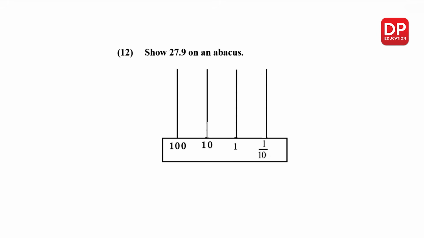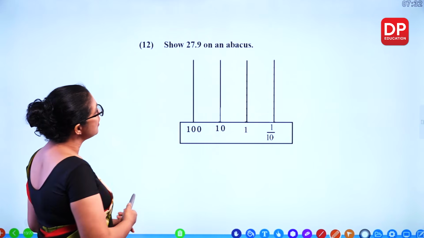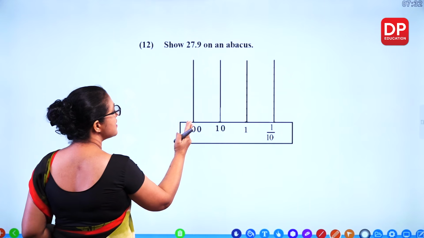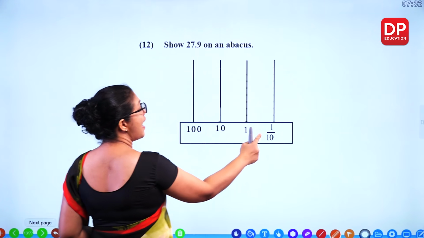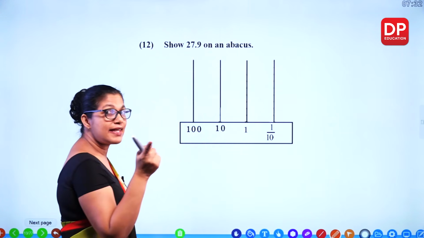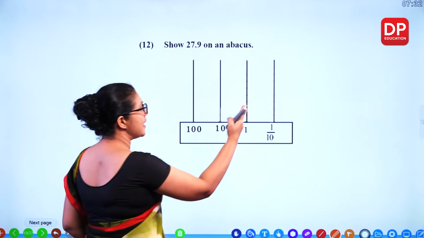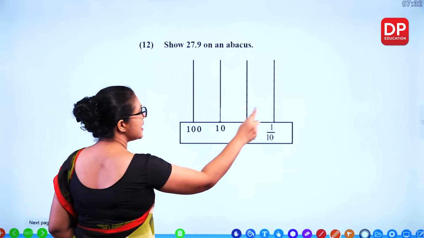Look at this one. Show 27.9 on an abacus. When you take the abacus, this is ones place, this is tens, this is hundreds. And we take 1 over 10. That's the first decimal place, 0.1, the tenths place.